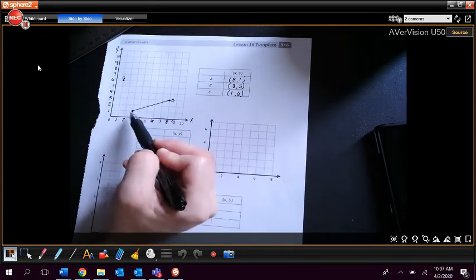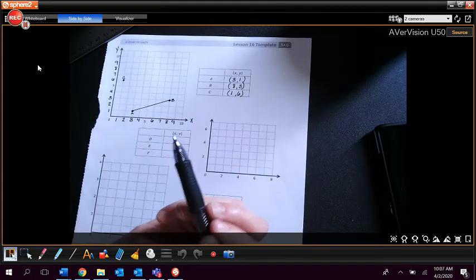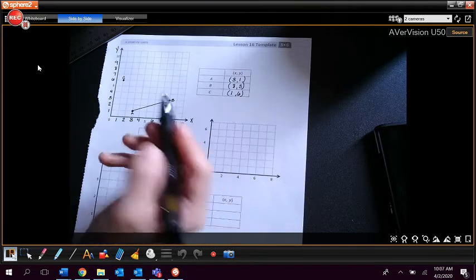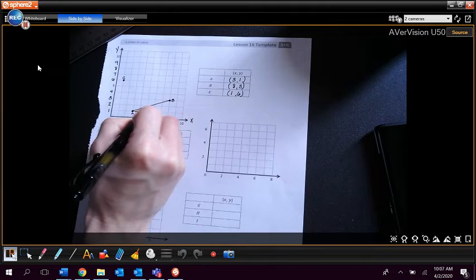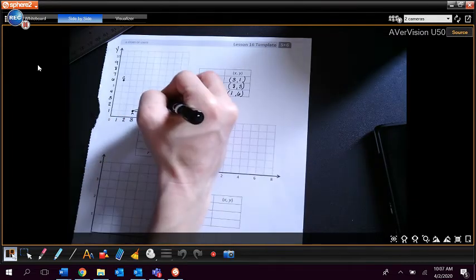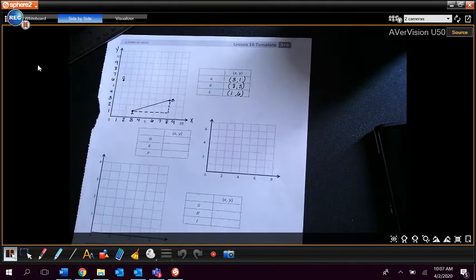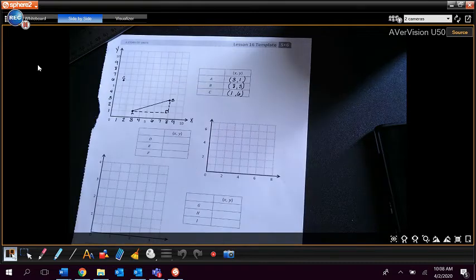Segment AB is my longest side, so I am going to do a dashed line. And I'm going to draw the other side of my triangle. I want you to do the same. I'm going to form my right angle right here, to tell me that it is a right angle.